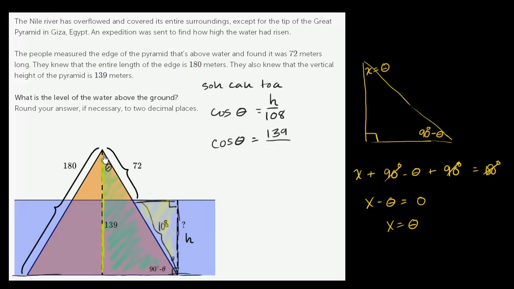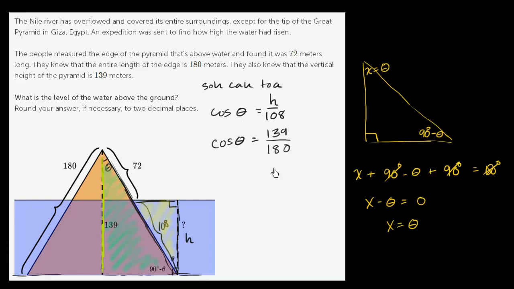Well, it's 72 plus 108, or we already have it labeled here, it's 180. We can assume this pyramid is an isosceles triangle, so 180 on that side, 180 on that side. So the cosine is adjacent, 139, over the hypotenuse, 180. And these thetas are the same theta.